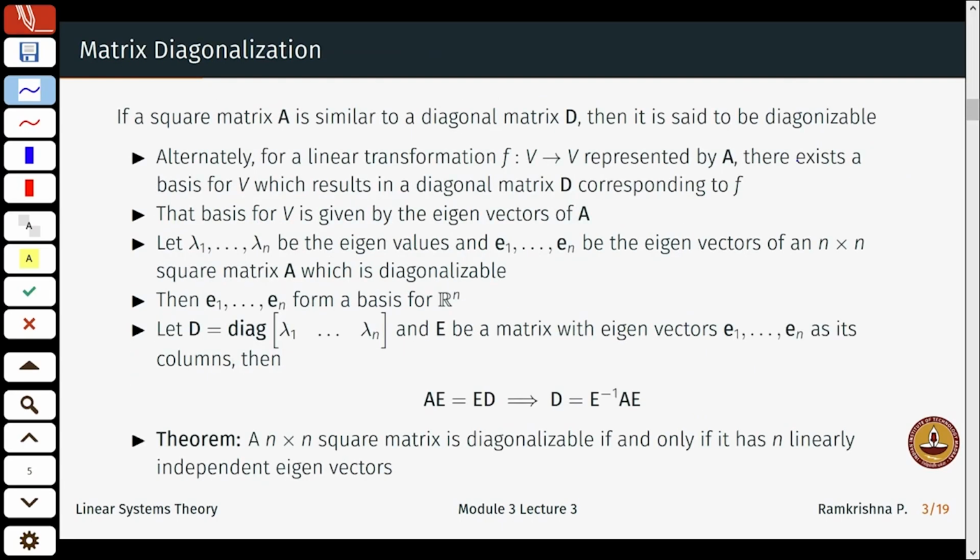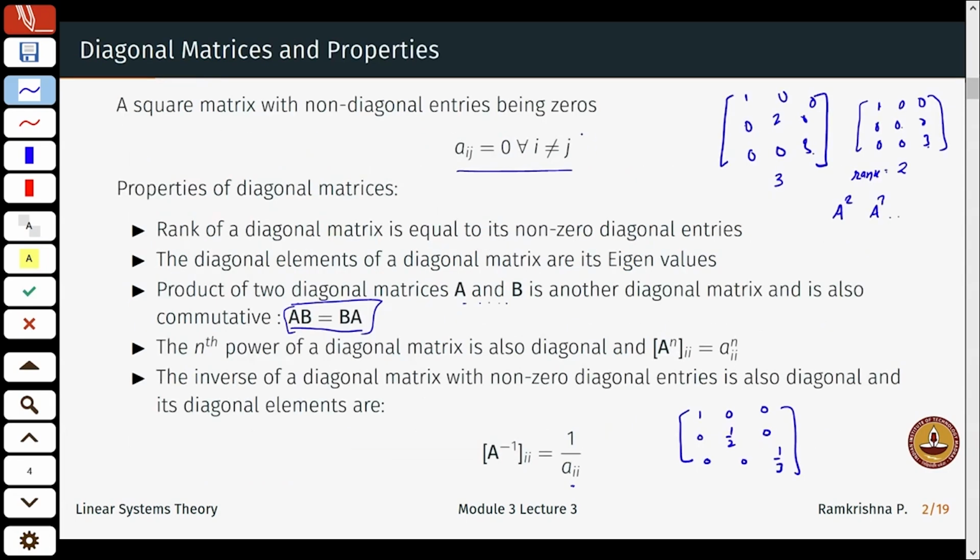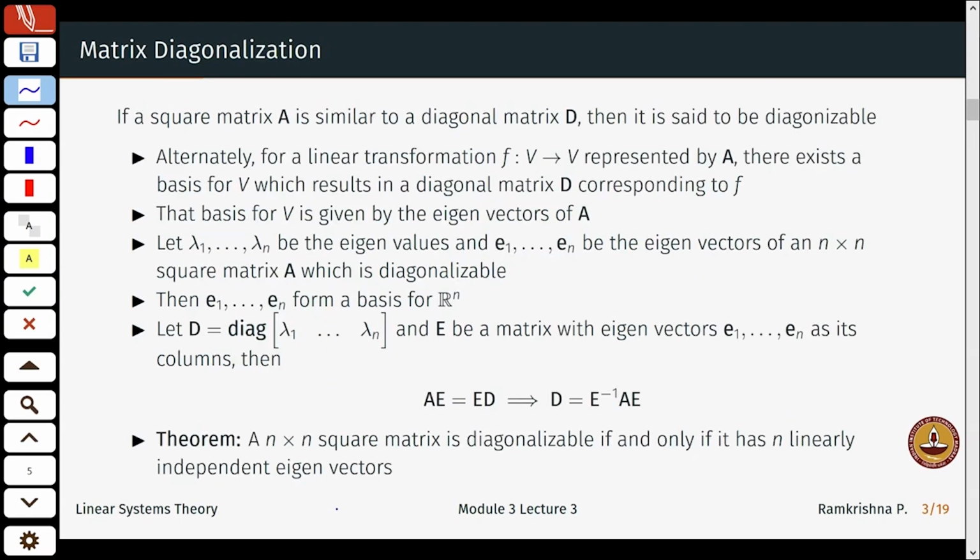Now, given a matrix, it's not always in diagonal form. Then I ask myself a question: can I actually bring it into a diagonal form? Why do I need to do this? Well, it's to exploit some of the properties discussed in this slide. We will substantiate that a little later, but for a moment let us ask ourselves: given a matrix A, can I diagonalize it?